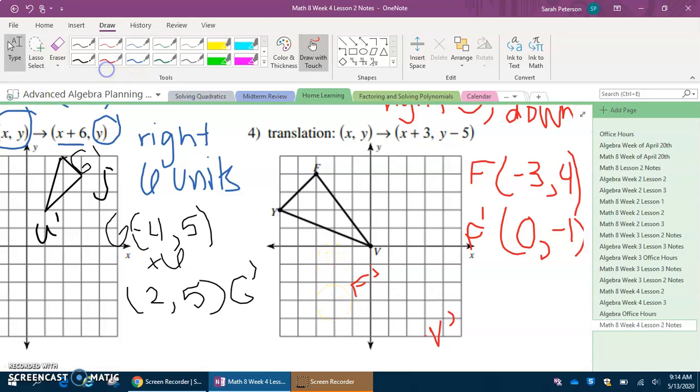And then y prime is going to be 1, 2, 3, 1, 2, 3, 4, 5. So right there, and that'll be y prime. And then you can connect the dots here.